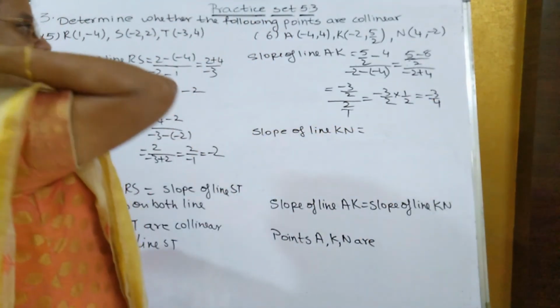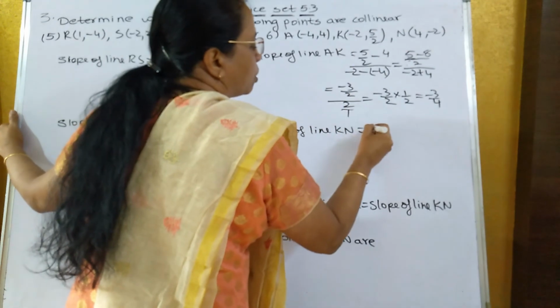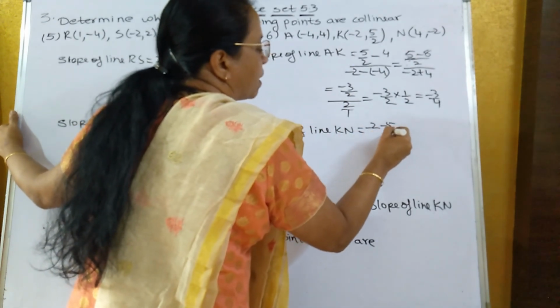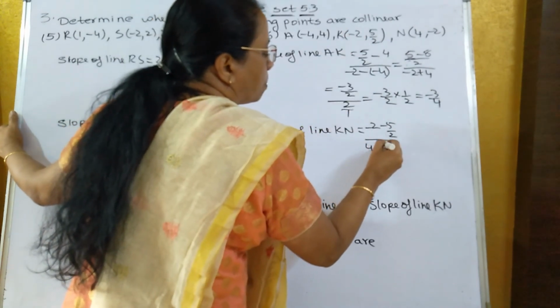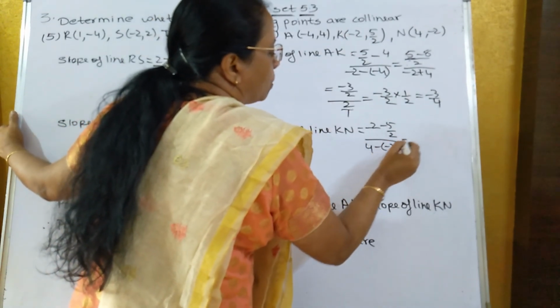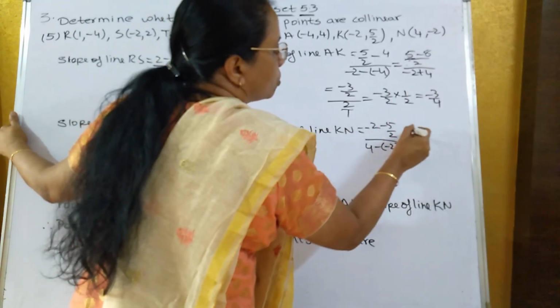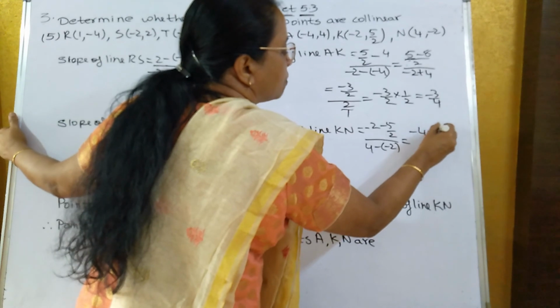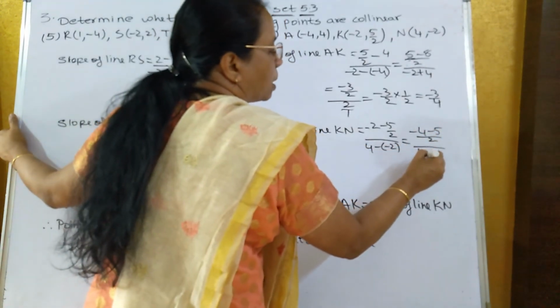Now next one, KN, slope of line KN is what? Minus 2 minus 5 upon 2, upon 4 minus into minus 2. Now equalize the denominator. 2 into minus 2 is what? Minus 4 minus 5 upon 2 upon 4 minus into minus 2 will become plus 2.